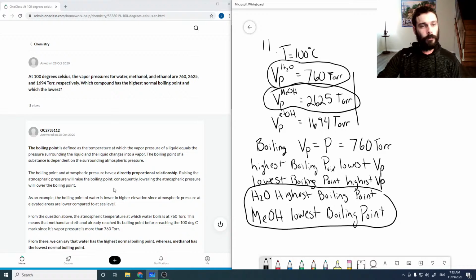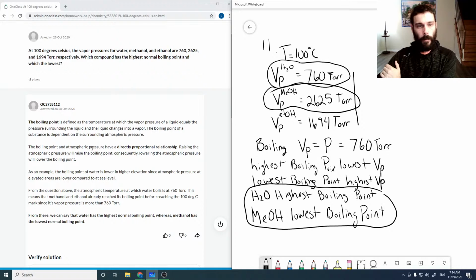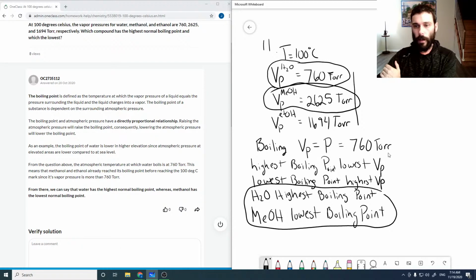Okay, so looking at the answer here, the boiling point is defined as the temperature at which the vapor pressure of the liquid equals the atmospheric pressure. And they're directly proportional, or inversely proportional, I suppose.